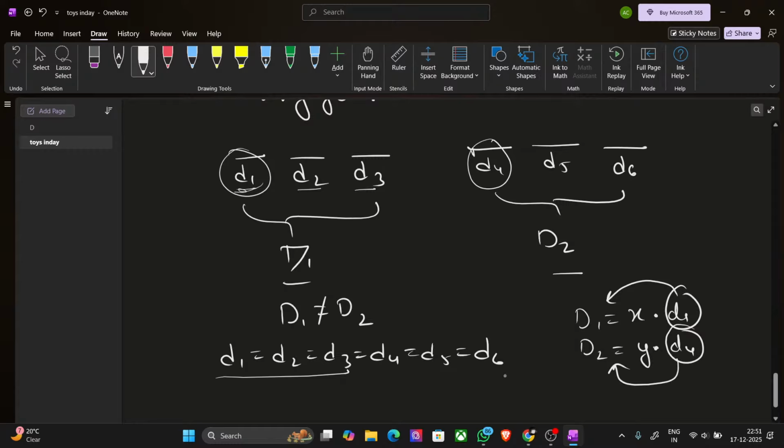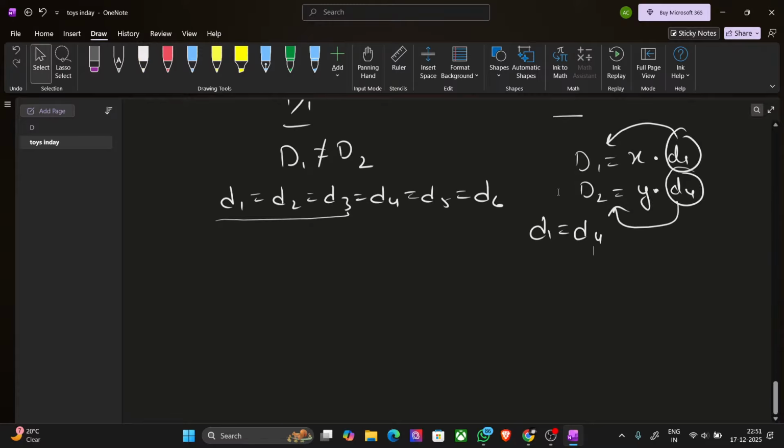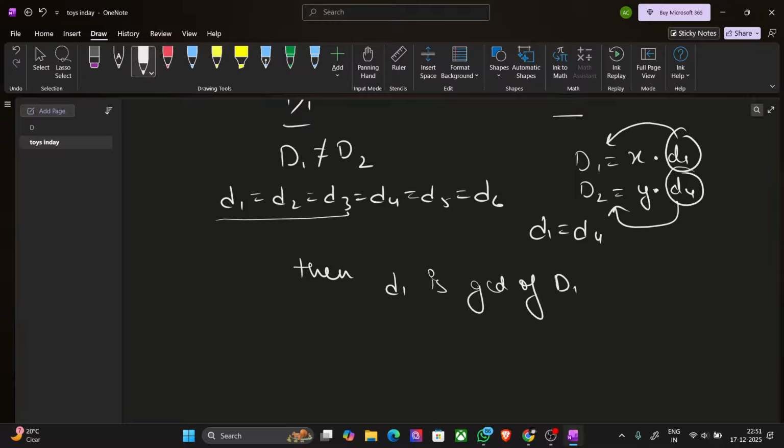Which means that if d1 and d4 are equal, then d1 is the GCD of D1 and D2, right? As you can see, if it is a common divisor for both D1 and D2, then d1 is the GCD of D1 and D2. I can state that, right?